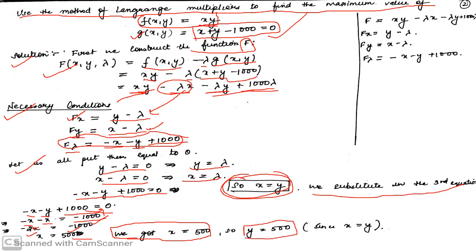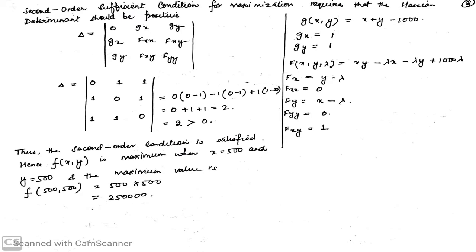We got the value of x and y equal to 500, but we need to prove the second order condition for maximization. So we need to find out the Hessian determinant, and we have already discussed which values are to be placed where. We need the values of gx and gy.